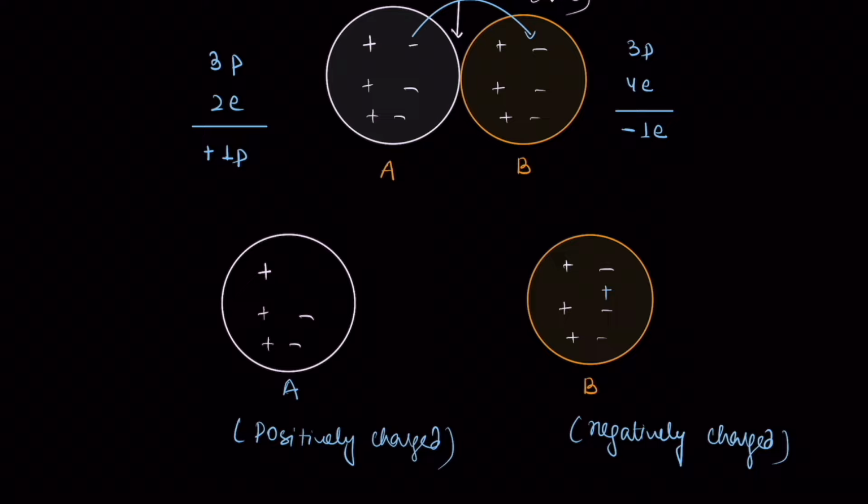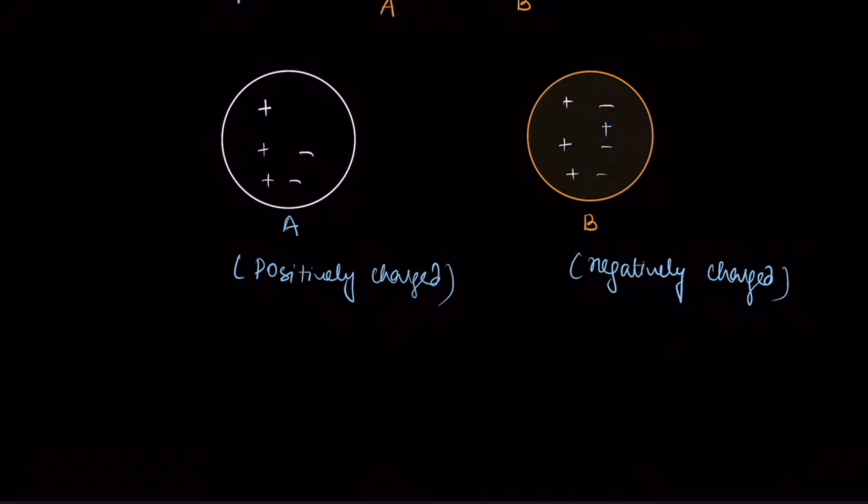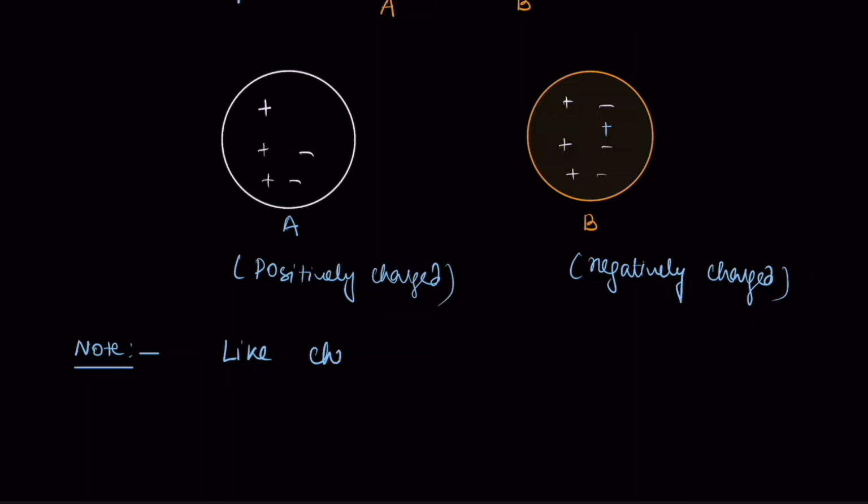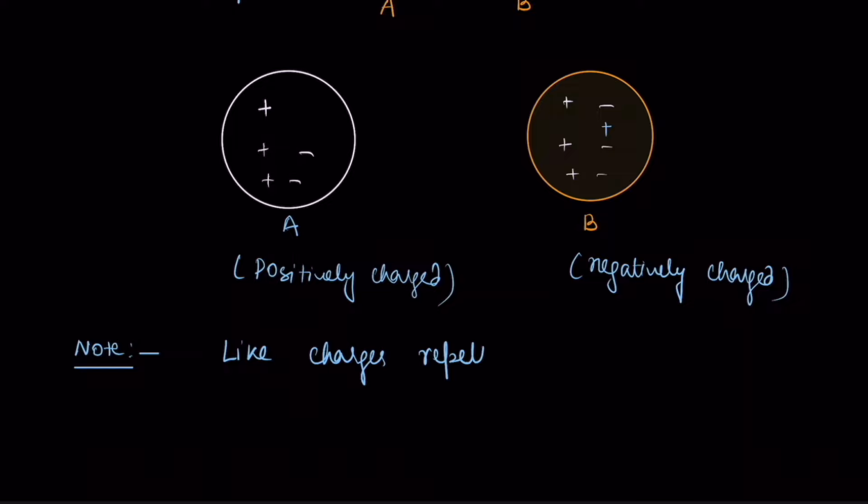Initially it was not attracted, but due to the combing, a charge forms on both bodies, so they start attracting each other. So here we can write a statement: like charges repel and unlike charges attract.